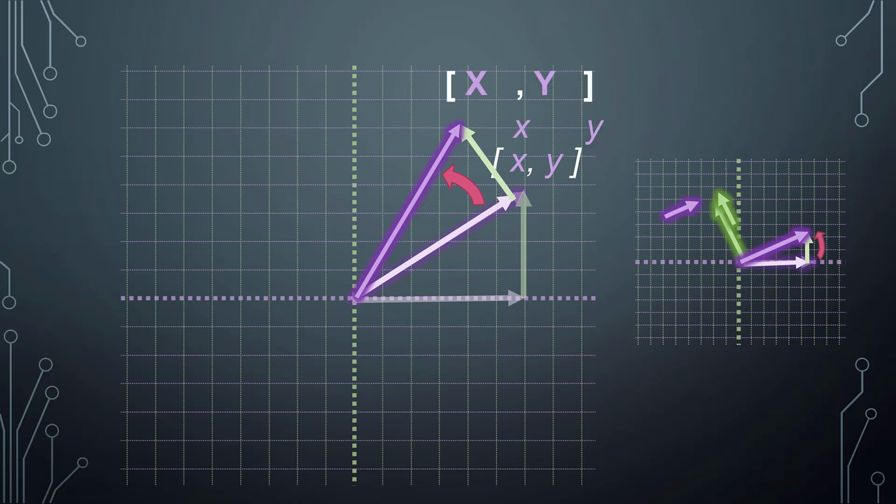Right? So we're just taking these vectors on the right and we're scaling them by the coordinates of the first purple vector.